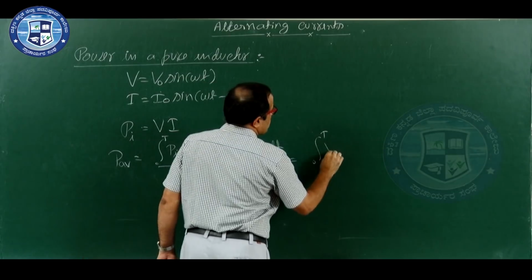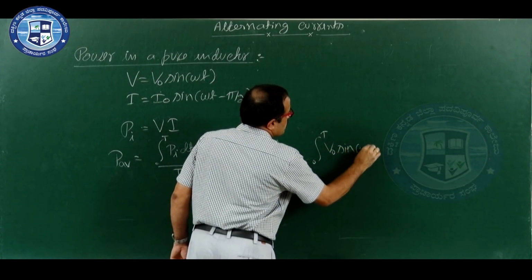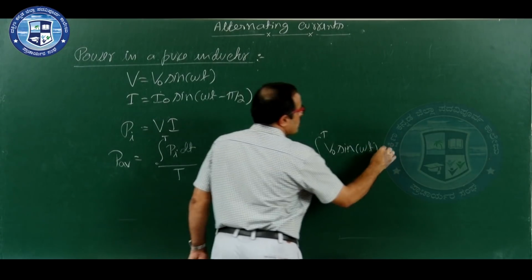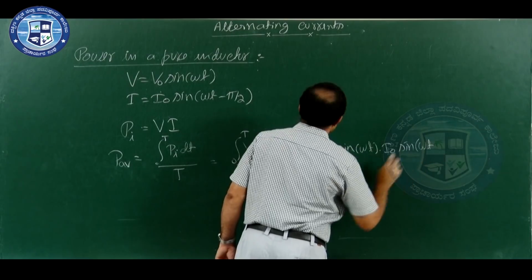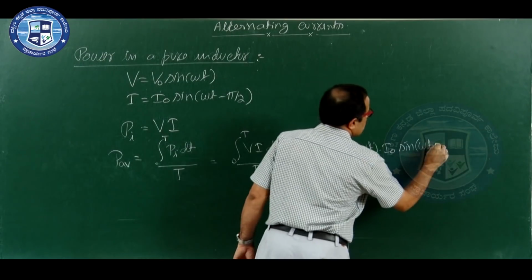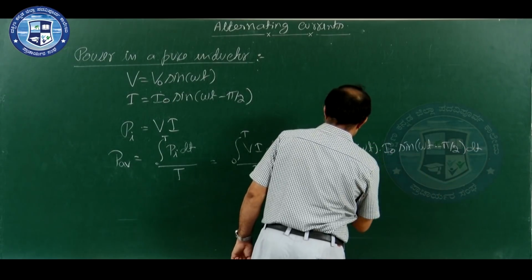V naught sin omega t, into I naught sin(omega t minus pi by 2) dt divided by T.